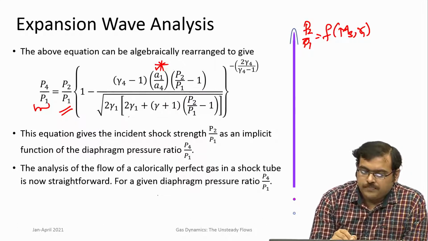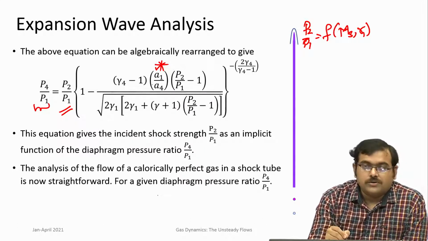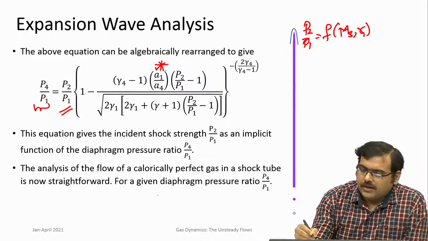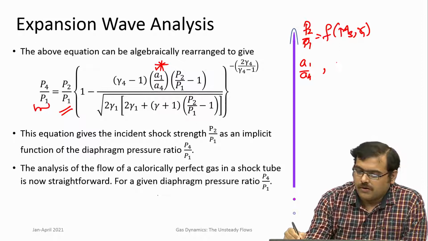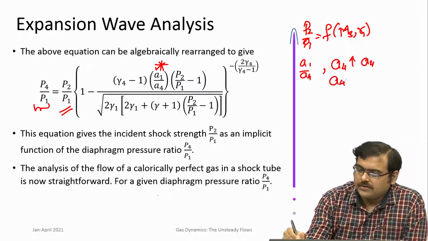So if you want shock Mach numbers to be very high, then this term A1 by A4 should be quite small, and for it to be small, A4 should be larger than A1. A4 should be greater than A1.